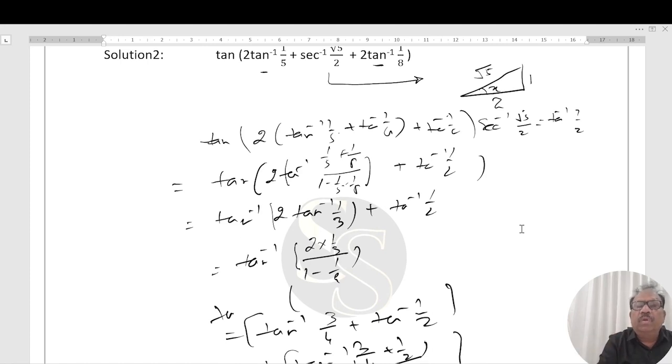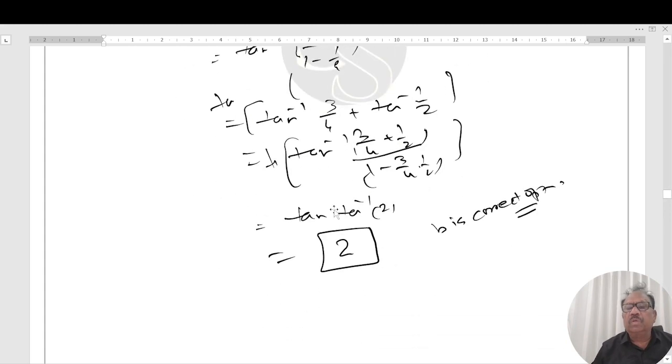We have the formula for the sum tan inverse x plus tan inverse y, therefore we convert this into tan inverse. As discussed, sec is hypotenuse over base; find the perpendicular. The sec inverse root 5 by 2 can be written as perpendicular over base, tan inverse 1 by 2. This is all about simplification.